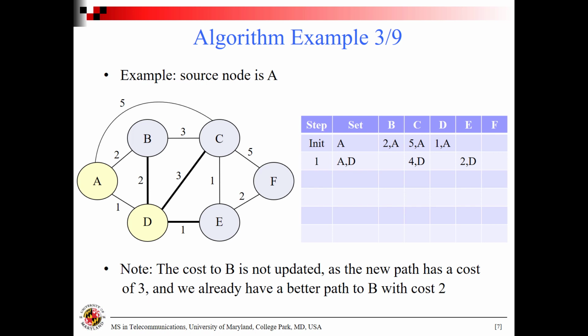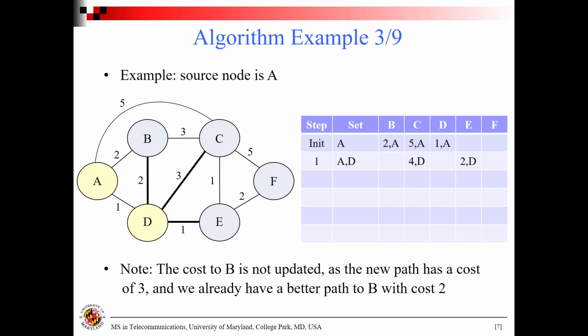In this case, we will not update the metric, because our goal is to find the shortest possible path, or the path with the minimum possible cost. If we find a path that is worse than one that we already have, we just ignore that. We only update the table if we find a new, improved solution.